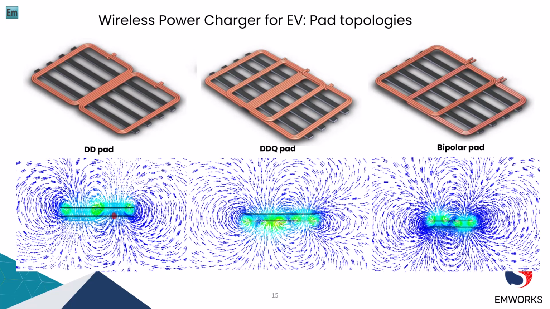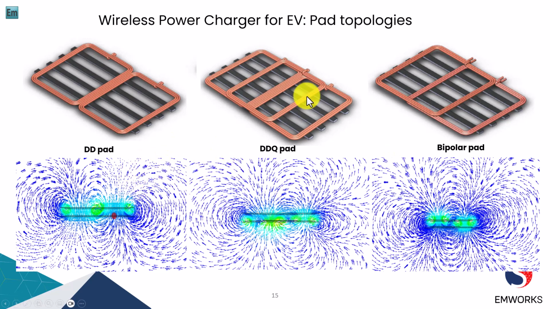However, in addition to the circular and rectangular coil topologies with ferrite plates, there are also other pad topologies which are used in wireless charging systems for electric vehicle applications. As we can see here, the first DD pad, the second DDQ pad, and the third bipolar pad are wireless charging pad topologies that offer certain benefits over traditional circular and rectangular coil topologies.